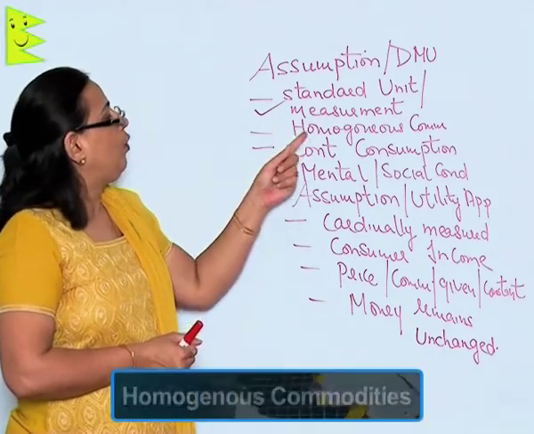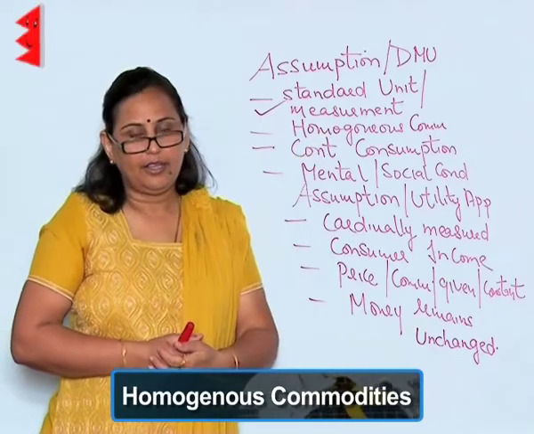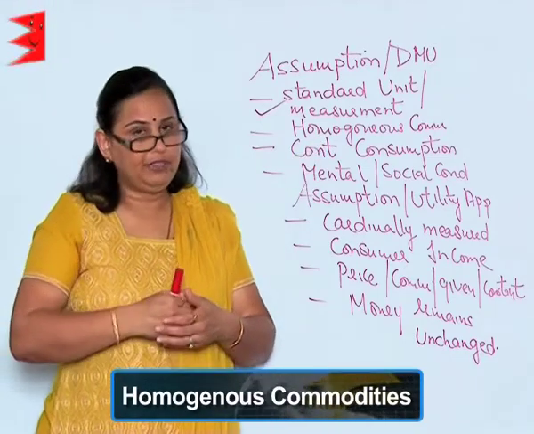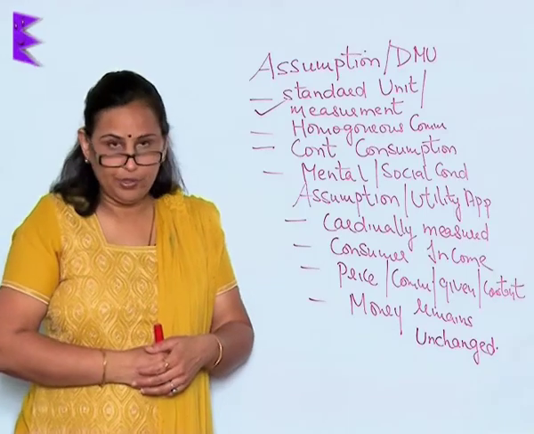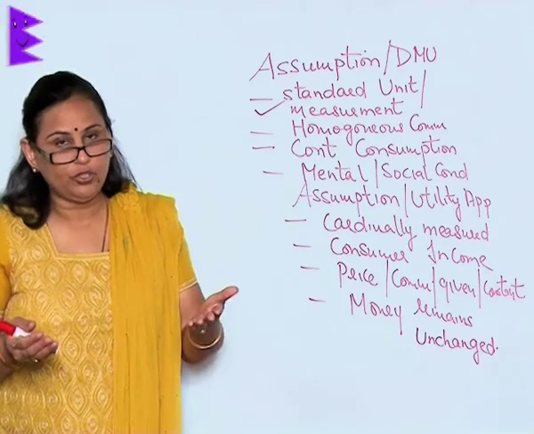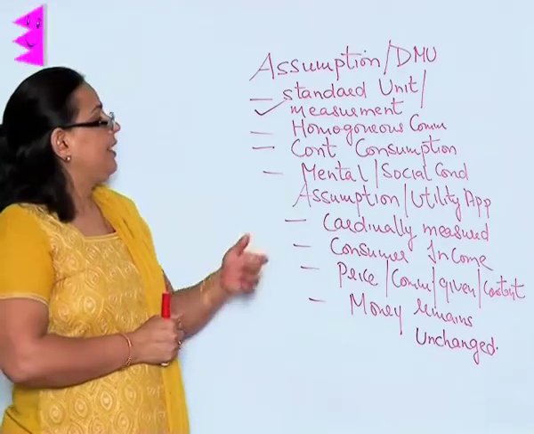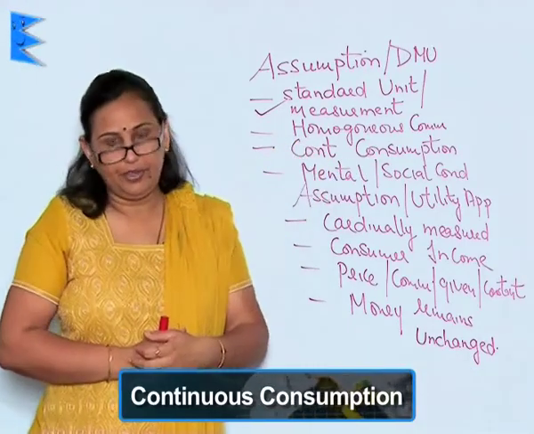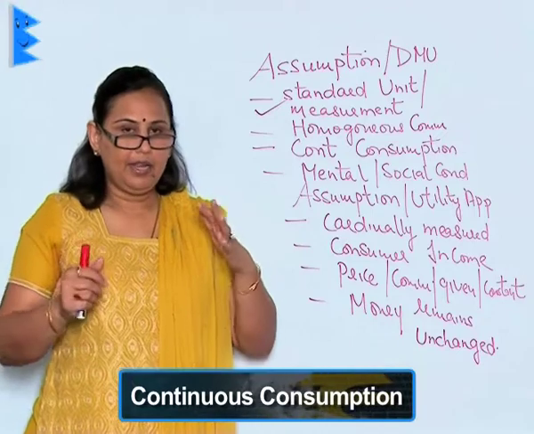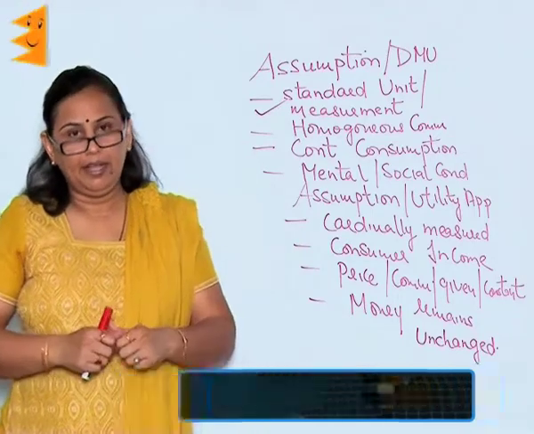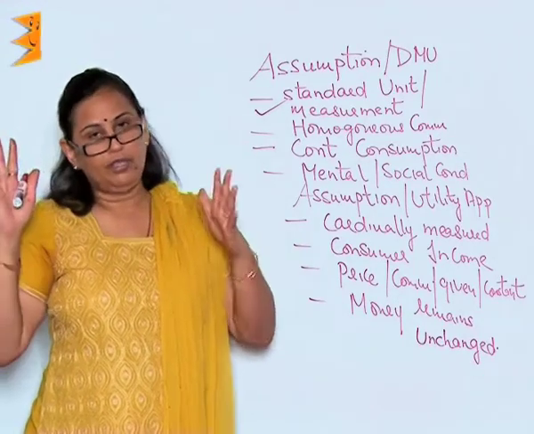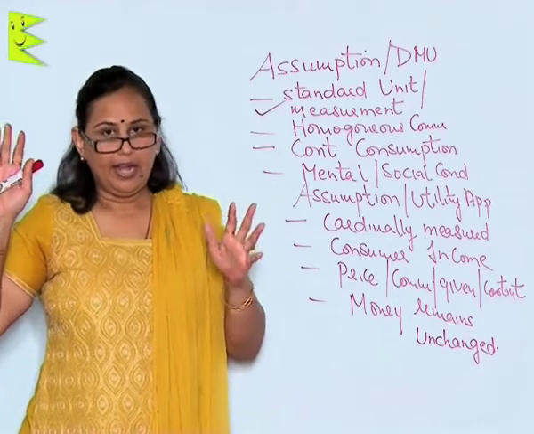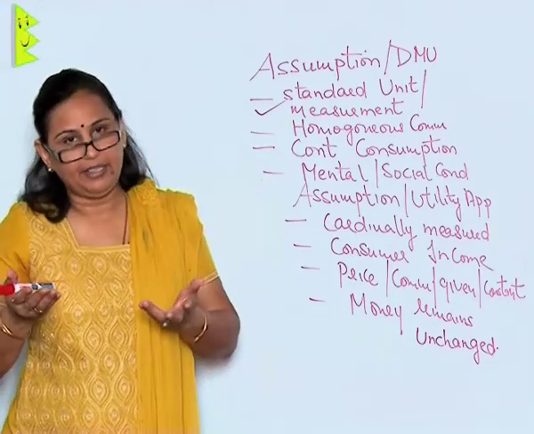Second is homogeneous commodities. All the commodities which are consumed are homogeneous and are substitutes of each other. Next is that the consumption remains always continuous. It does not happen that I eat my 10 say rotis today and I do not need it the next day.